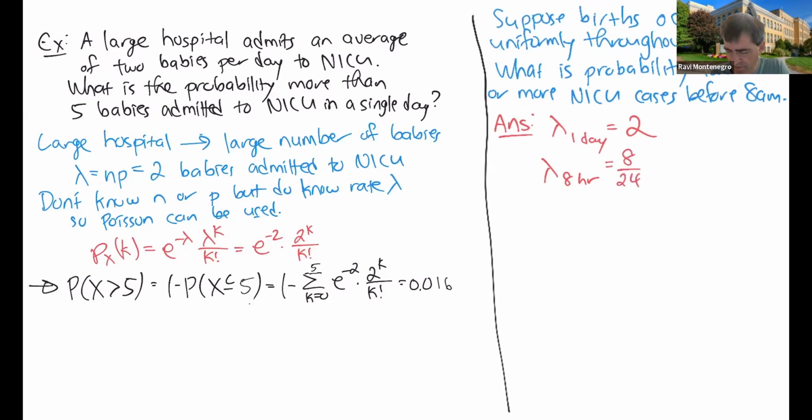So 8/24 for the rate for 1 day. So one third of that, so 2/3. So we expect to have about 2/3 of cases before 8 a.m., which means usually it'll be 0 to 1. But 2 is not ridiculous.